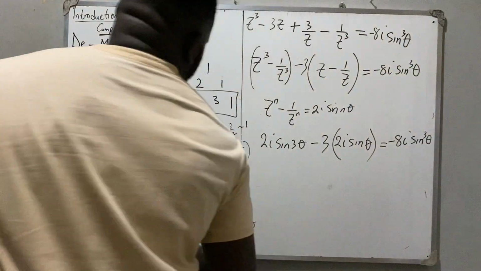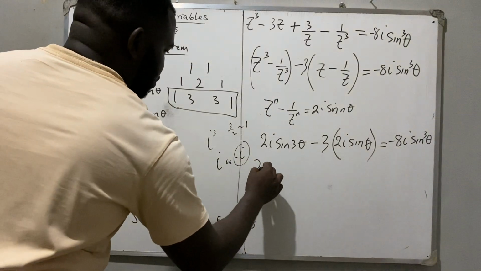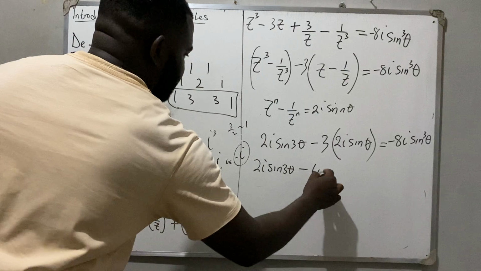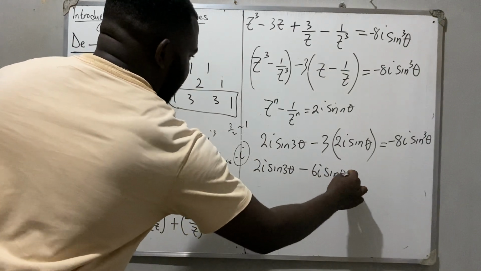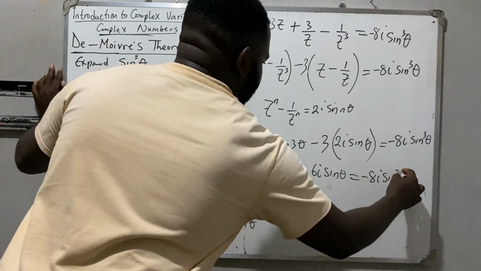So this is 2i sine 3 theta minus 6i sine theta is equal to minus 8i sine cube theta.